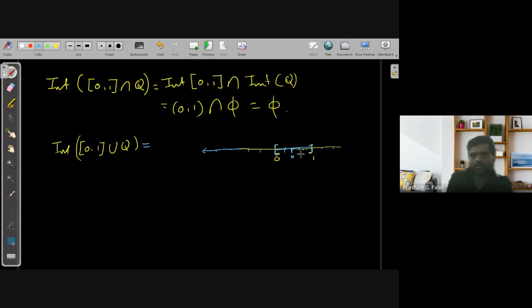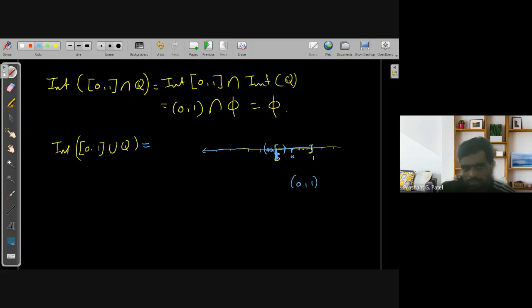So any point of the open interval 0, 1 will be an interior point of this set. If I pick 0 and draw a neighborhood of 0, then this portion will also contain irrational numbers.